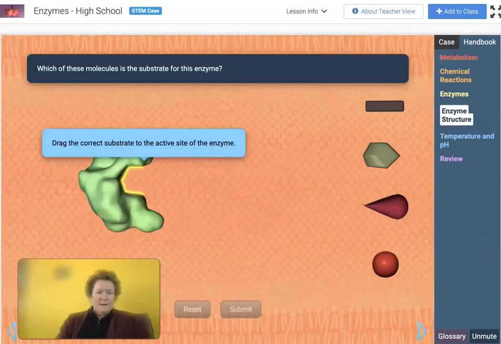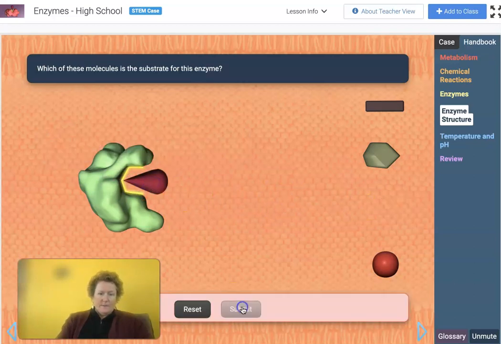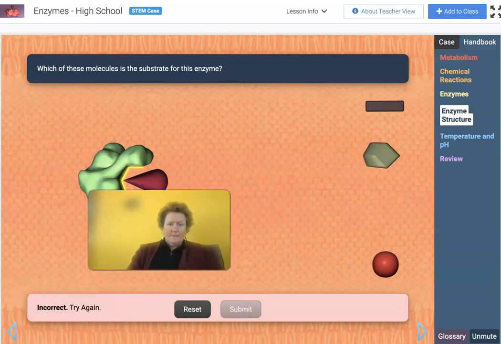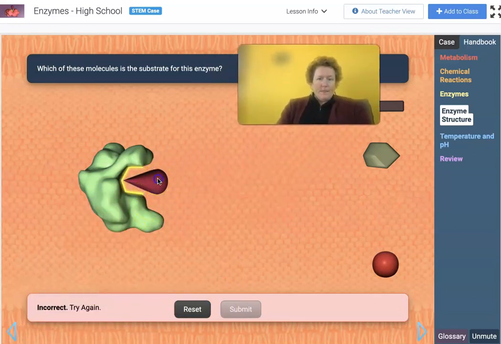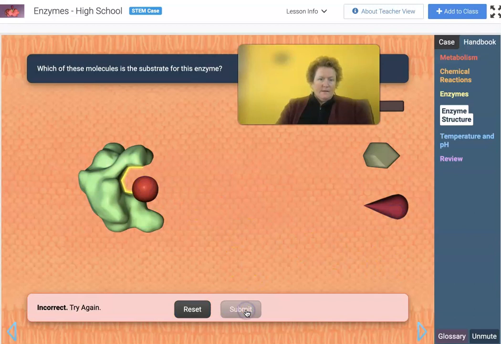Which of these molecules will fit this enzyme? Well, we can drag a few over and try. Well, that's probably not going to work. Incorrect, it says. Try again. Let's try a rounder shape here. That's not going to work. Doesn't fit very well. Let's try this shape here.